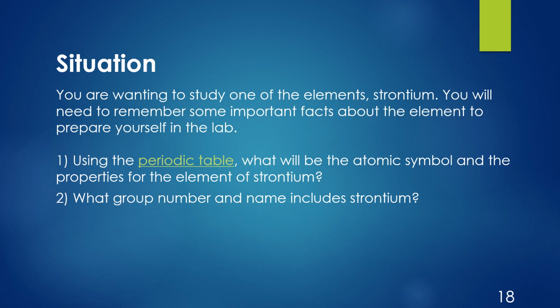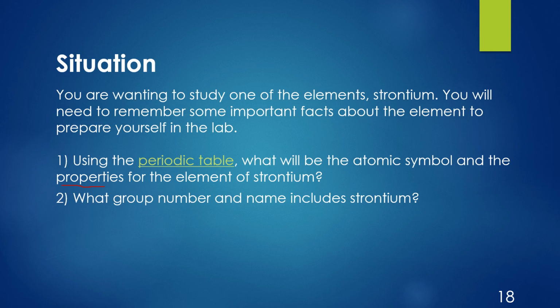Well, the atomic symbol itself, you'll have to find that on the periodic table along with the mass and the number of protons. That's what's going to be the atomic symbol. Now for the properties, once we find strontium, we figure out, is it a metal or a non-metal, or a metalloid?